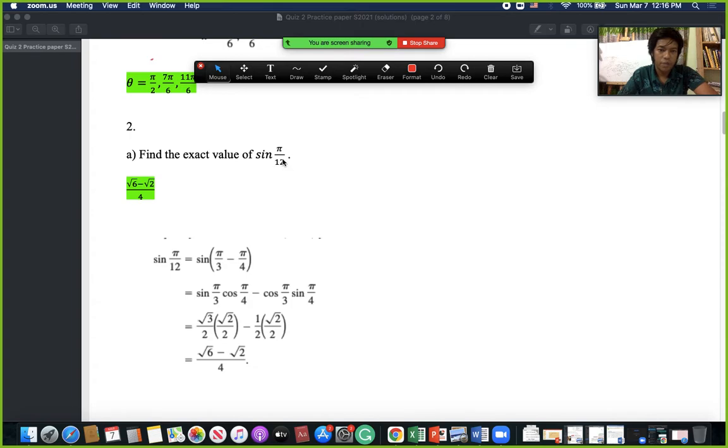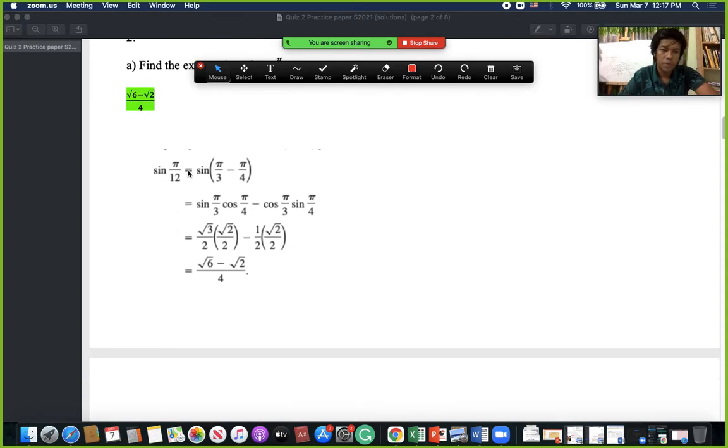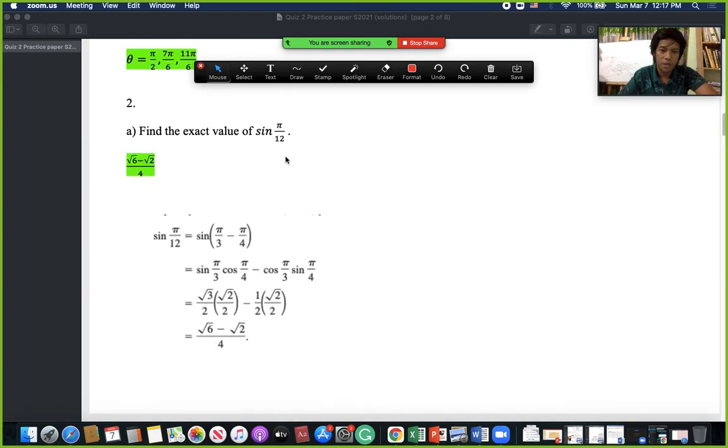Exact value of sin pi by 12. To find it out, you know that we use our formula for sine a plus b or sine a minus b, whichever we can use. So if you break it down into 4 pi by 3 and pi by 4, suppose this is pi by 12.